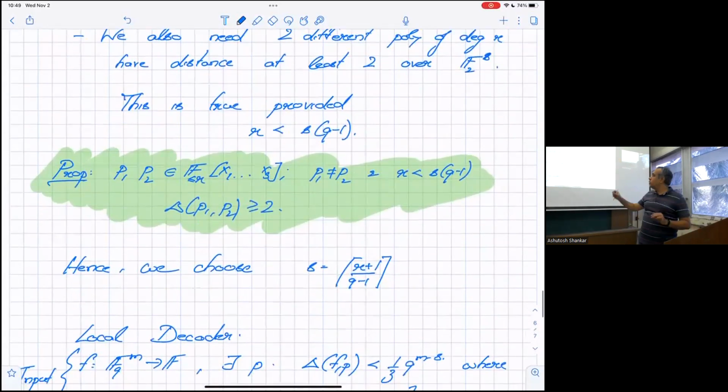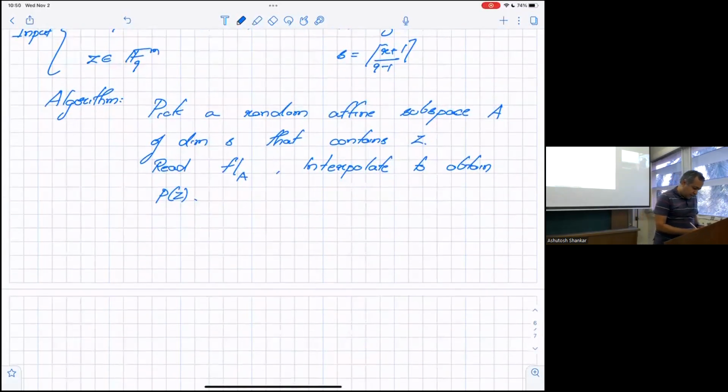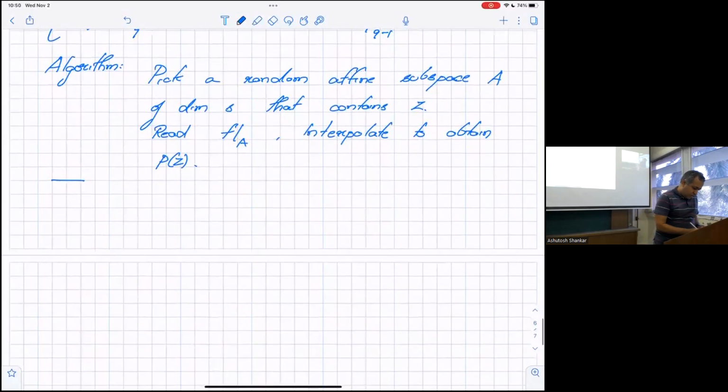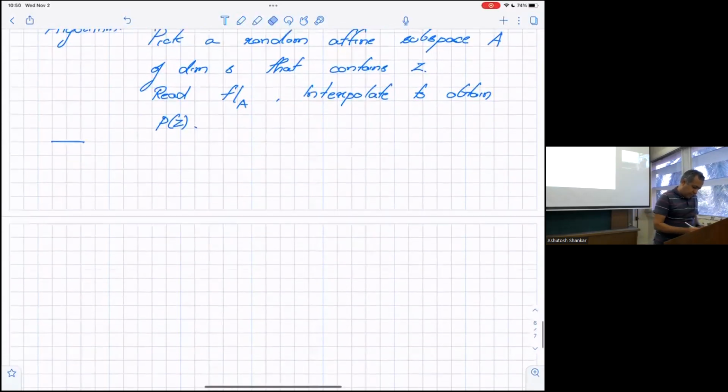The question is how do these two differ? How does this S differ? So if you stare at this a little carefully, I want to now make remarks on the number of errors handled.